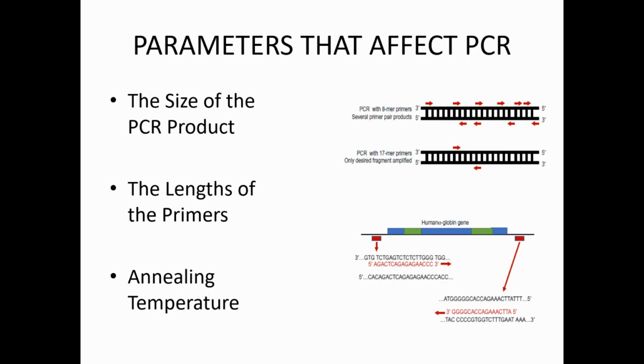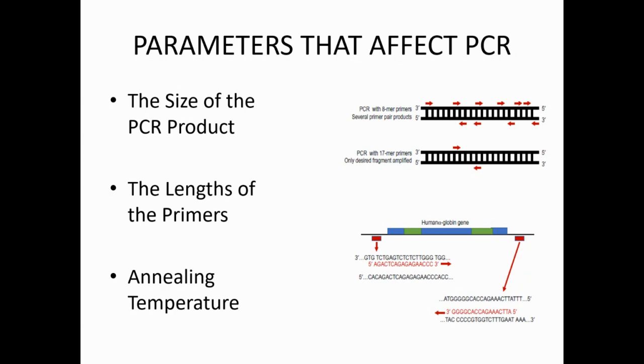And annealing temperature, as I mentioned earlier: if it's too high, then no hybridization will take place, because it's a very high stringency condition. If it's too low, that will increase the non-specific binding, so it's a low stringency condition.